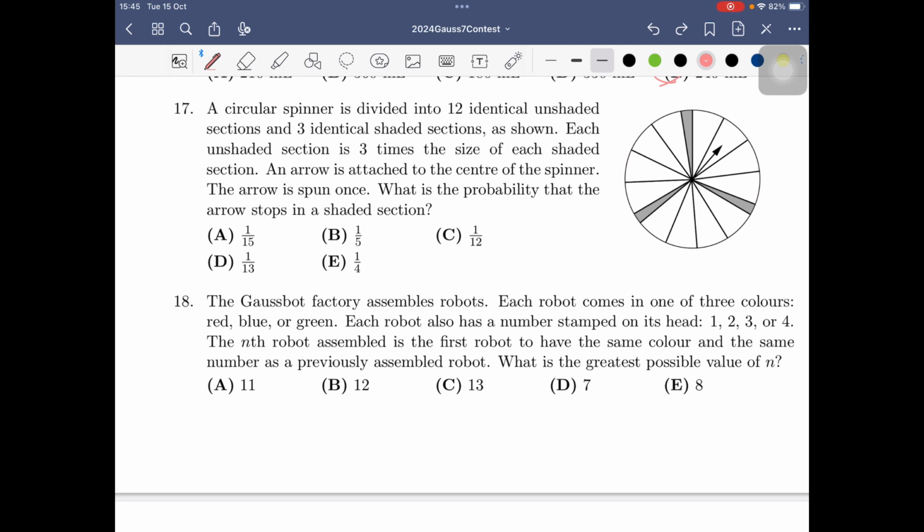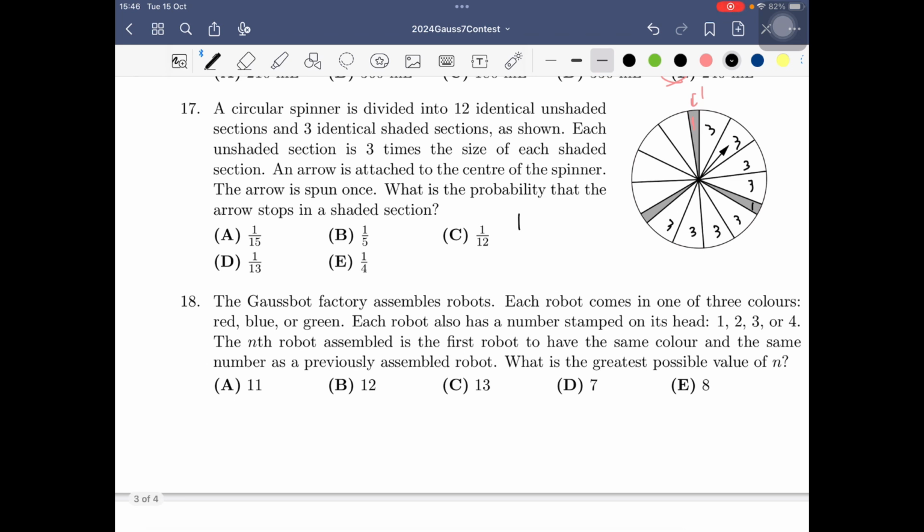So let's say this size is 1, then this size is 3, 3, 3, 3, something like that. We have 3 shaded ones and 12 unshaded ones.